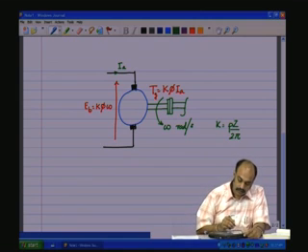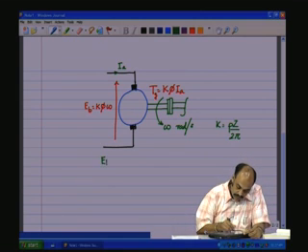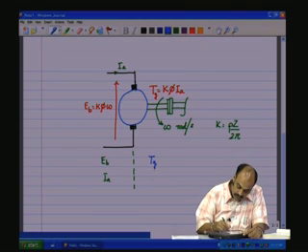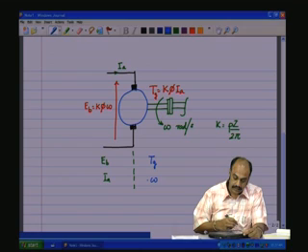Now, you see that we have EB and IA on one side, the electrical side, and you have generated torque and omega on the mechanical side.